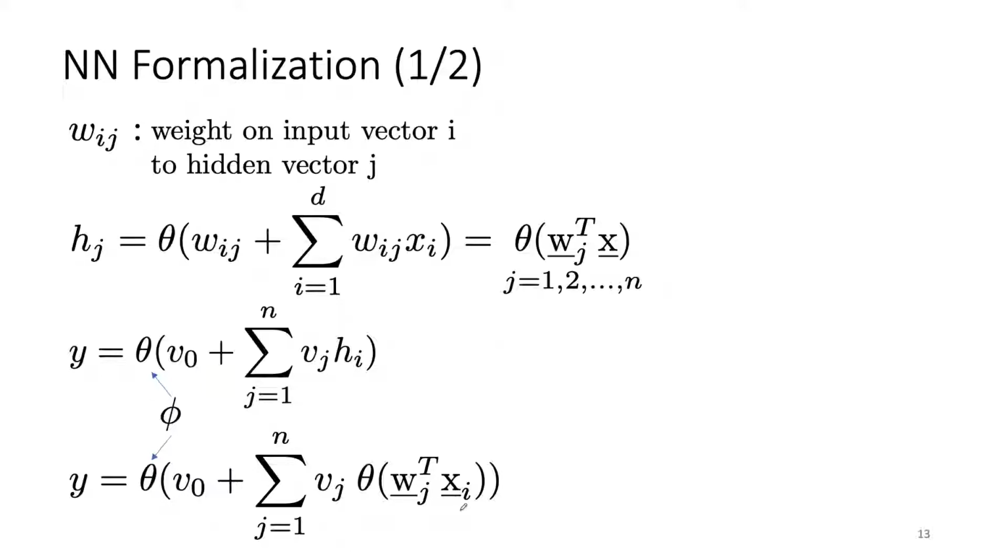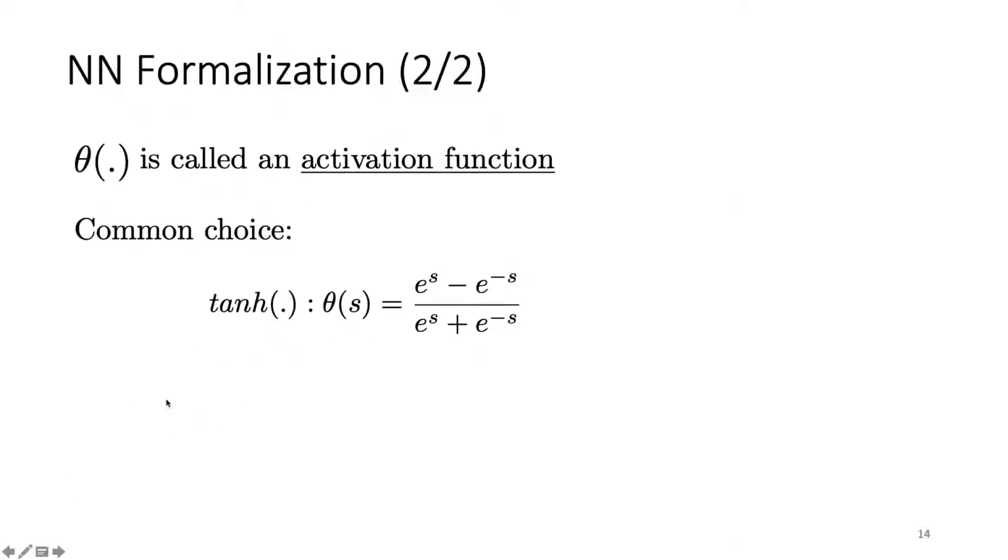Now let's see what type of activation this phi is here. Just like what we called before the sigmoid, we call this in general an activation function, phi or whatever we can call it. The common choice for neural networks is the hyperbolic tangent, tanh, and this is the function, equal to e to the s minus e to the minus s, divided by e to the s plus e to the minus s in the denominator.